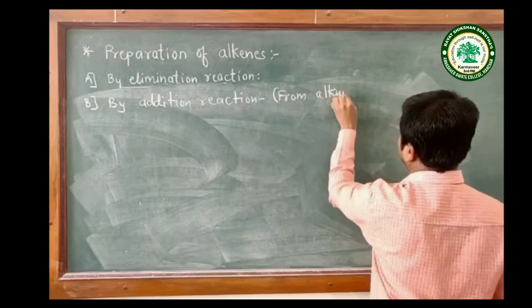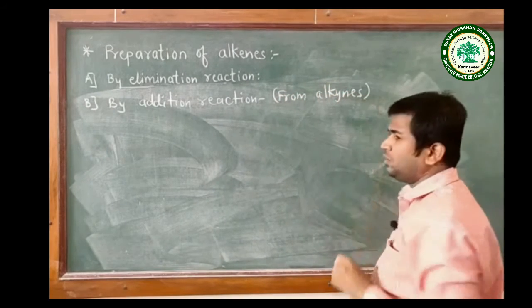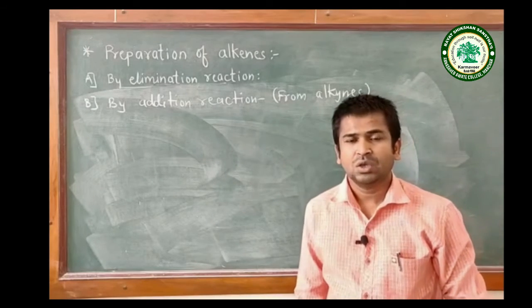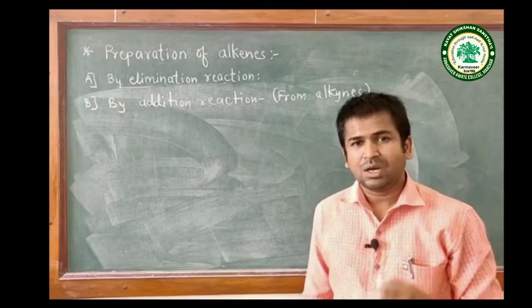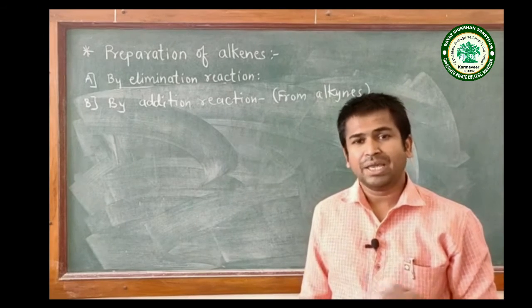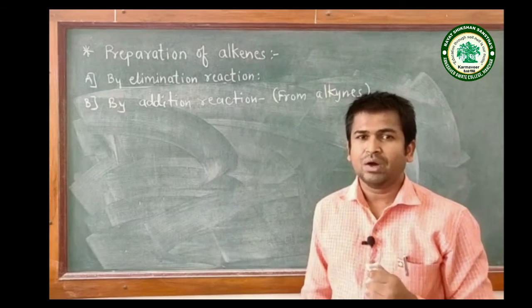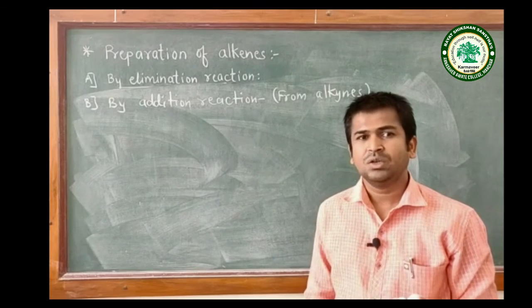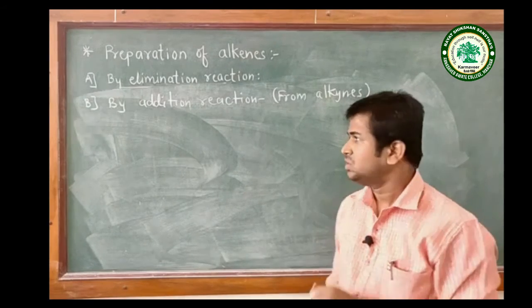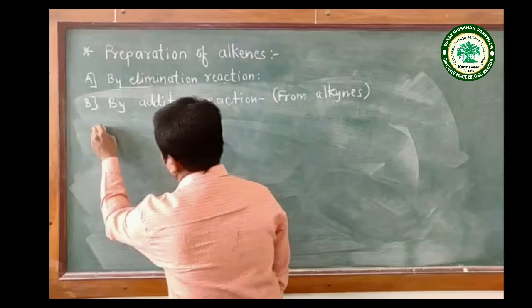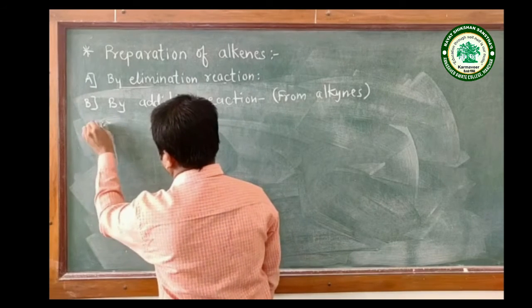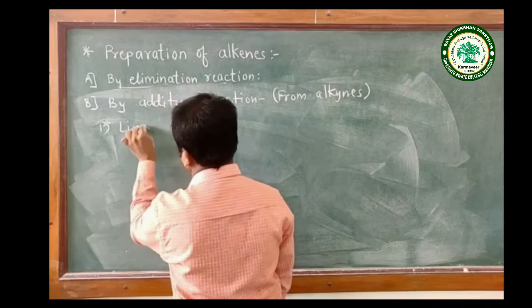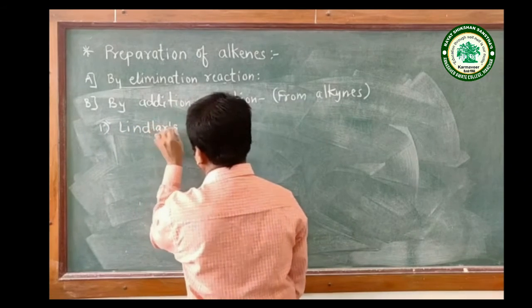So from alkynes, we obtain alkenes on partial reduction. Alkynes on complete reduction give alkane. So we have to carry out a partial reduction of alkynes for obtaining alkenes. There are two reagents by which we can carry out partial reduction of alkynes. The one is Lindlar catalyst.